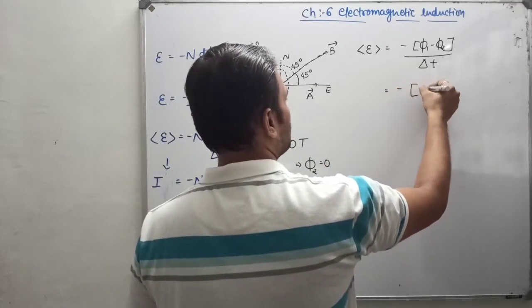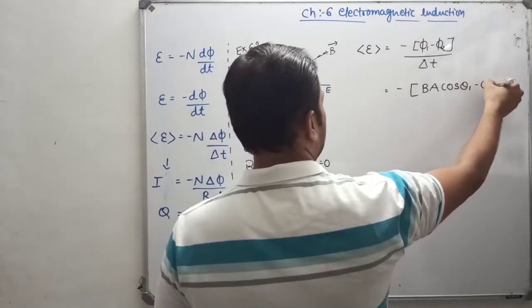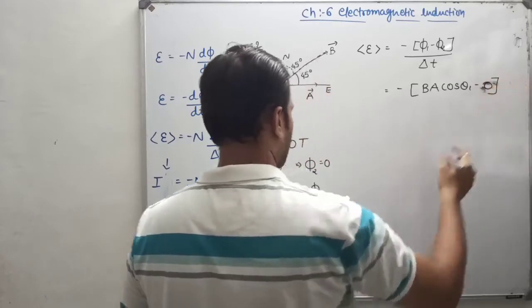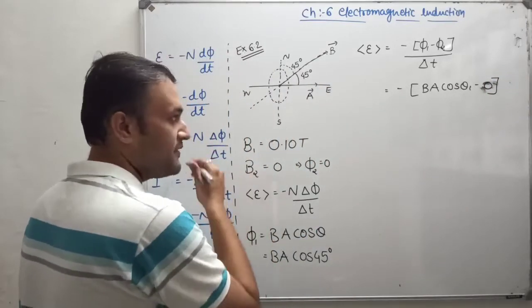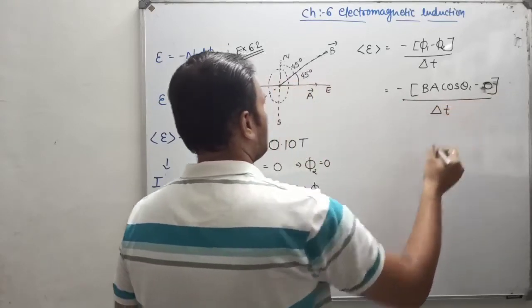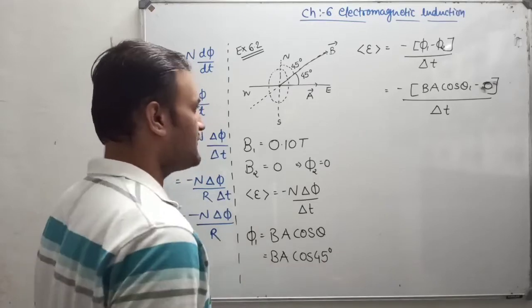Delta phi is phi 1 minus phi 2, which is BA cos theta 1 minus BA cos theta 2, but phi 2 is equal to 0 because the magnetic flux will be 0, upon delta t. Delta t is given, yes, 0.70.